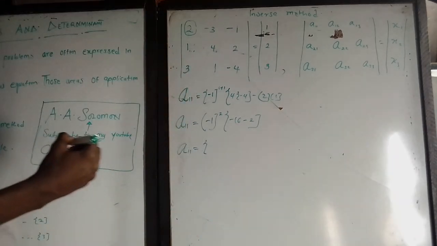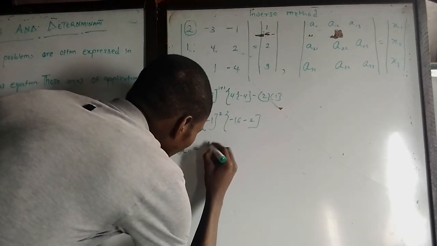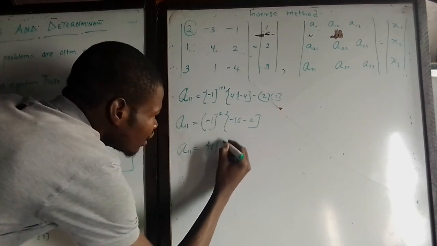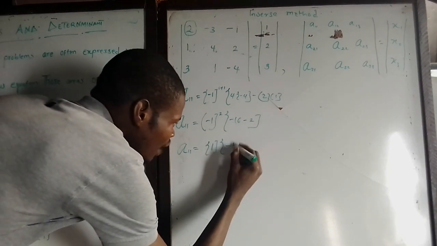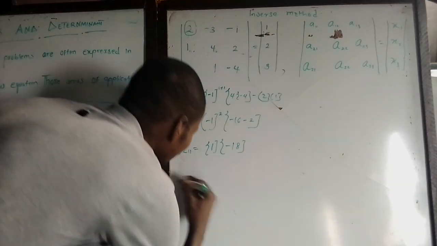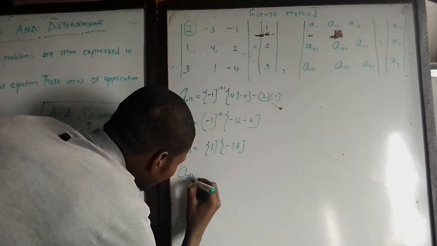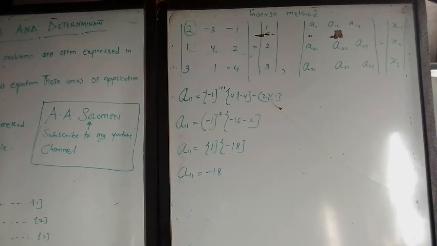Minus 1 raised to power 2 is going to be 1. So minus 16 minus 2 will give you what? Minus 18. So 1 times minus 18 will give you minus 18. So do we understand?